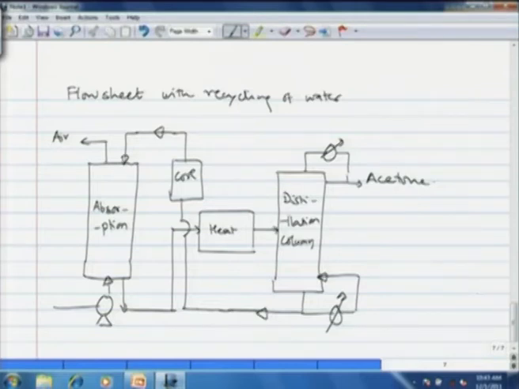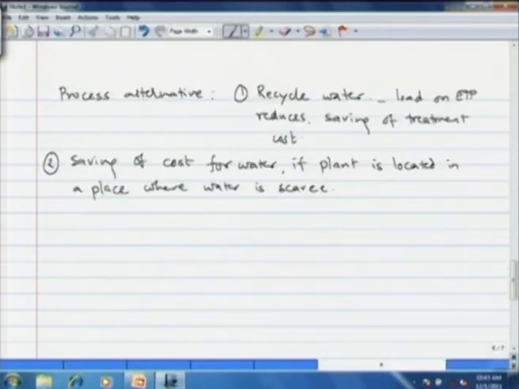Okay. Now, what is the other side of the coin? Like suppose we use recycled water. Okay. What are the demerits that we are likely to face? Now, you know that absorption is an exothermic process.